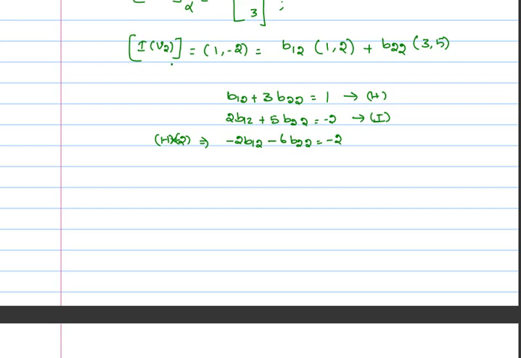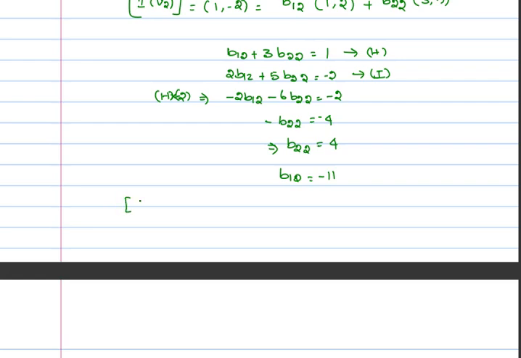If you add together, what will you get? This guy will cancel out. So minus b22 equal to minus 4. This implies b22 equal to 4. Once you know b22 is 4, then you apply it in the equation: b12 equals 3 times 4 is 12, 12 plus 12... you take minus 11, you will get it.